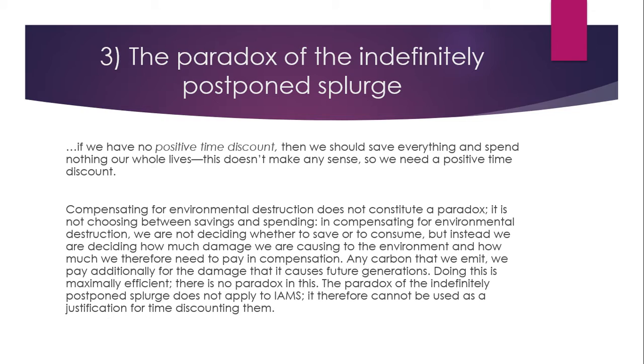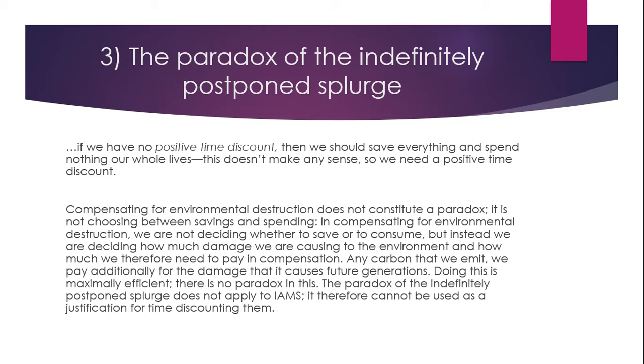It's actually pretty simple. When we're destroying the environment, there's not a paradox. We're not caught between efficiency and being able to enjoy what we've saved. There's nothing to do with that. We're talking about destroying the earth here. As time goes on, if we did nothing about it, the earth would just get more and more destroyed.